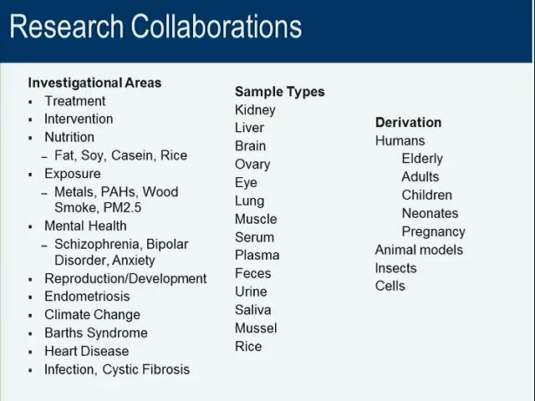So a lot of interest is in the use of metabolomics in translational work to be able to use these animal models and then translate that to human subjects. And over on the right side of the screen are a lot of the different species or age groups that we have samples derived from.